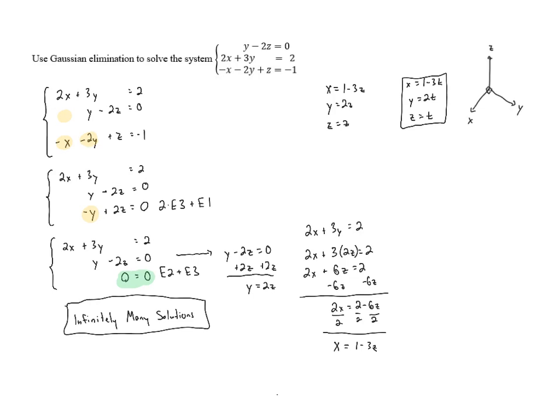So we can use x and y to parameterize a plane, which is 2 dimensions, and we've got x, y, and z, which gives us 3 dimensions, and this parameterization would actually correspond to a line in 3-dimensional space, and all of the points on that line would be the solutions to this system of equations.